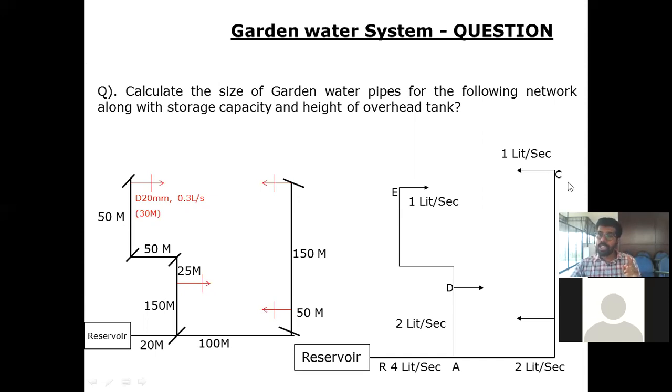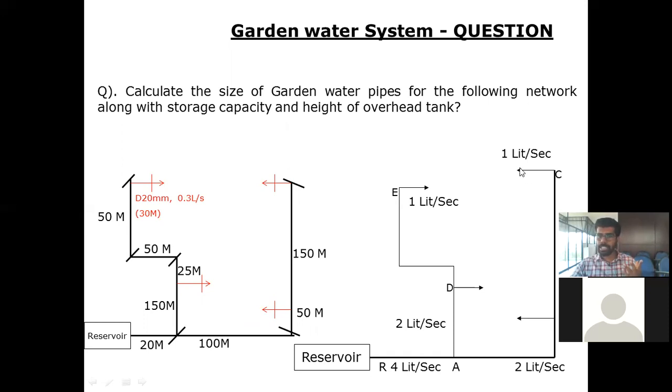So the question is, how much should be the pressure or the head at point C in order to attain a head of 2 meter at this end?